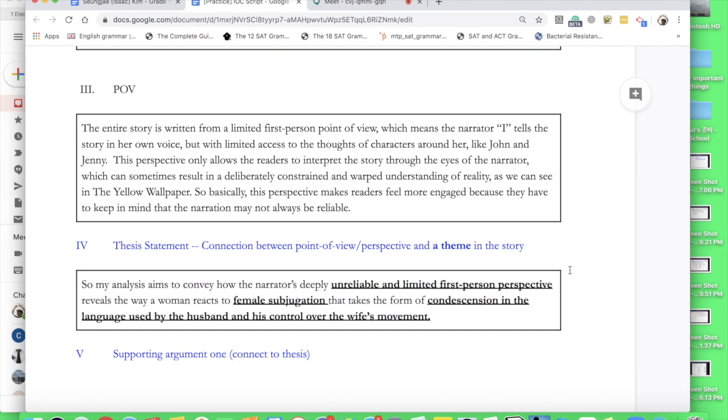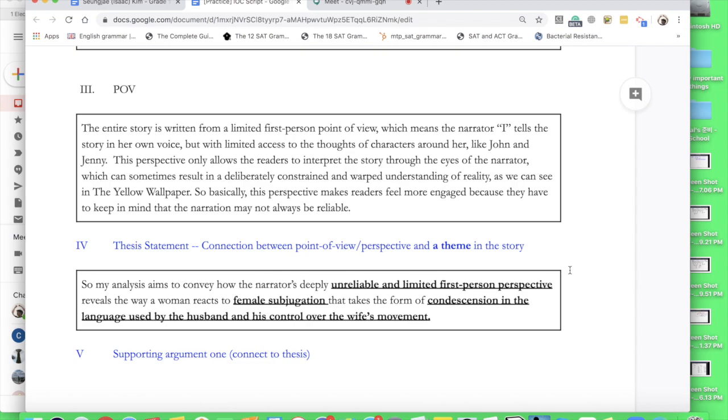So the entire story is written from a limited first person point of view and an unreliable narrative point of view as well, which means that the narrator herself tells the story in her very own voice, but has limited access to the thoughts of characters around her, like John, the wife's husband, and Jenny.